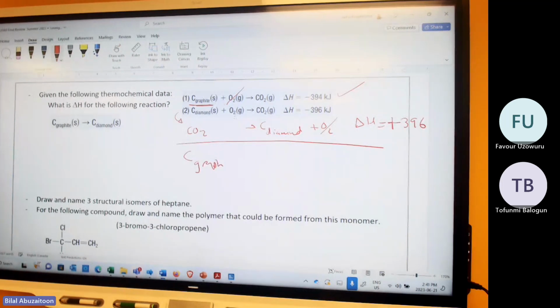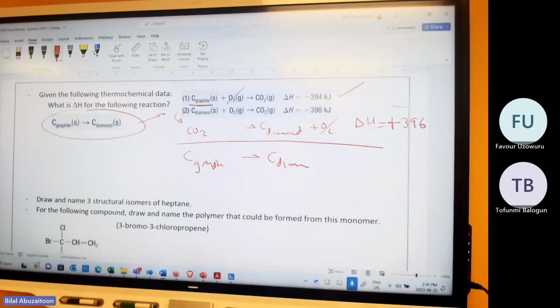Why are you flipping it? Because we need to get the overall equation. This is Hess's law: flip, multiply, whatever to get the overall equation. To get the overall equation from these two equations, you flip the second one, so C graphite produces C diamond, and we get the final equation.